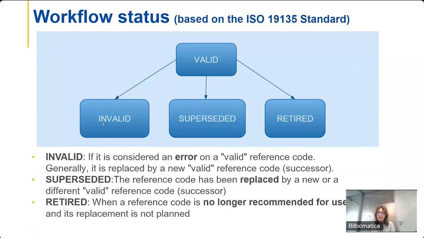Invalid: it's considered an error in a valid reference code, and generally it's replaced by a new valid reference code that will be the successor. Superseded: the reference code has been replaced by a new or a different valid reference code. And retired: when a reference code is no longer recommended for use and its replacement is not planned.